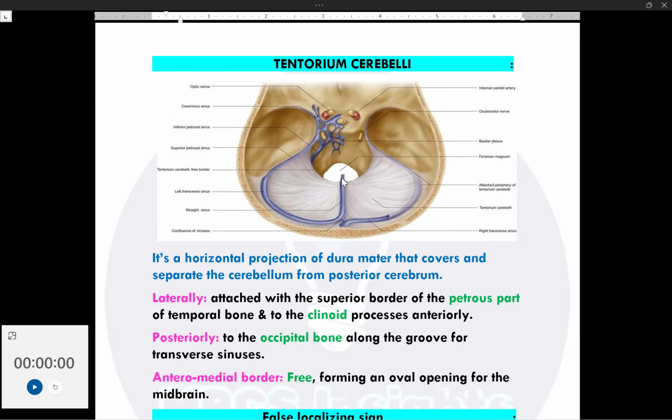And the anteromedial border, you can see here, makes an oval opening for the midbrain. So basically the anteromedial margin of the tentorium cerebelli is free. This is the bony attachment in a nutshell.